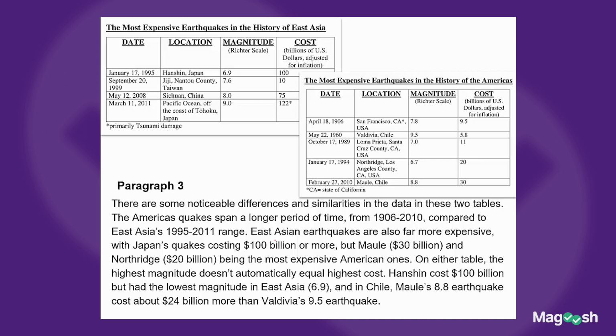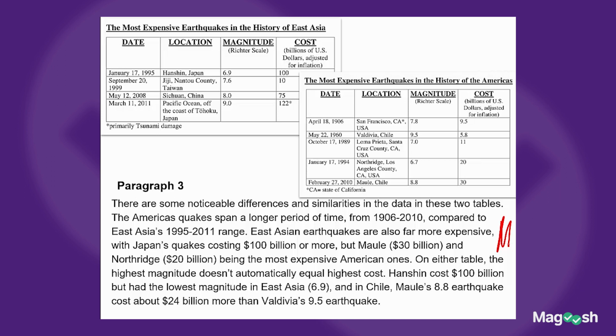East Asian quakes are also far more expensive, with Japan's quakes costing $100 billion more, but Maule $30 billion and Northridge $20 billion being the most expensive American ones. Okay, so here, pulling out that striking contrast between the 2 tables, that even though the Americas earthquakes are quite strong, the cost is quite a bit less than the East Asian quakes listed here.